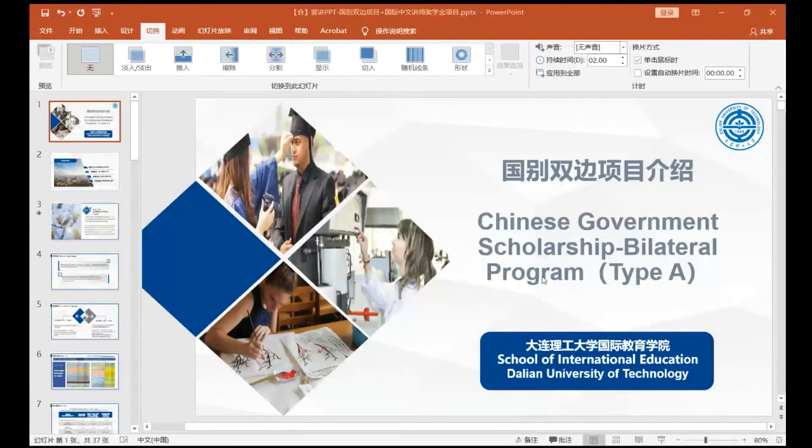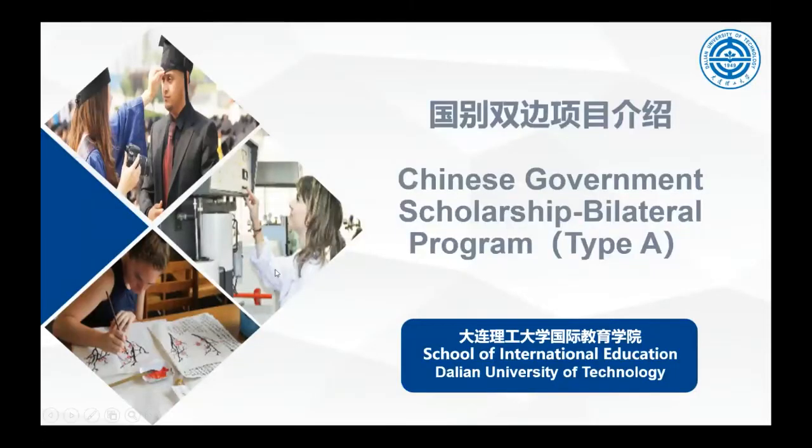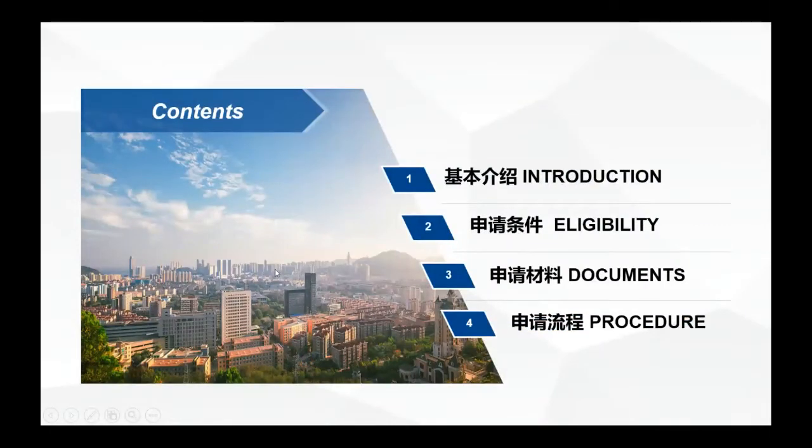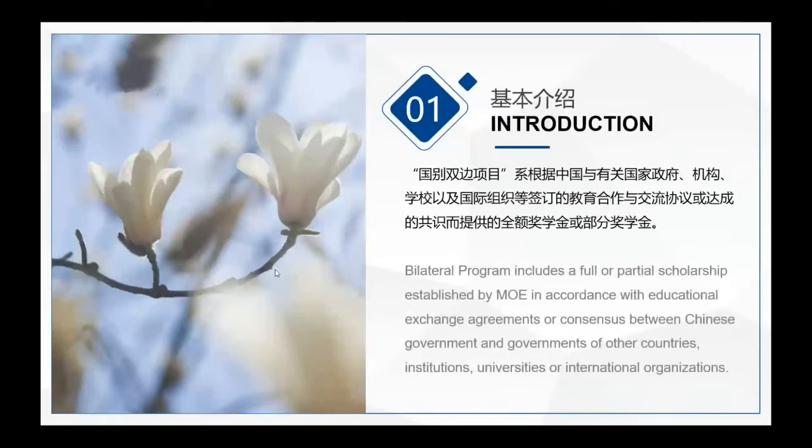Okay, let's go on. So let's start with the first one, Chinese Government Scholarship, Bilateral Program Type A. Basically, we'll focus on four aspects: introduction, eligibility, documents, and procedure. Let's begin from the first part. What's the bilateral program? Some of you may have heard of it before.